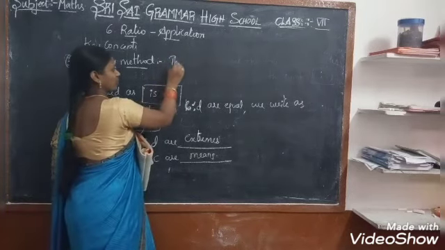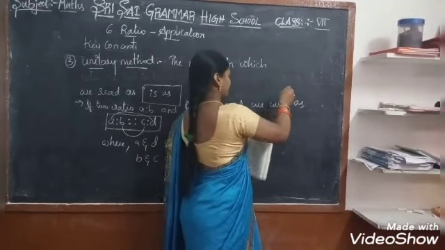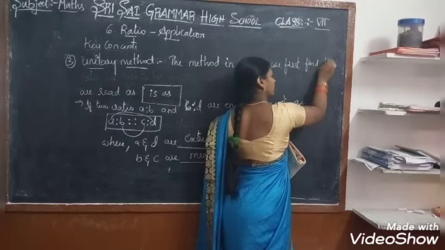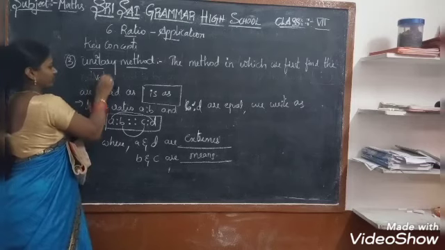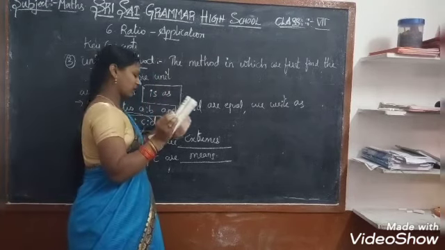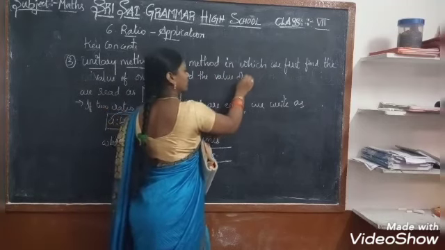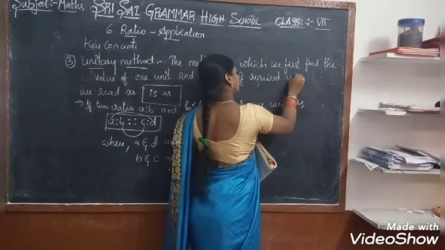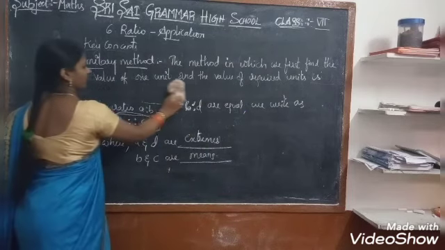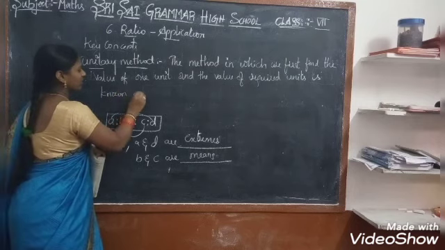The method in which we first find the value of one unit and then the value of the required units is known as the unitary method.